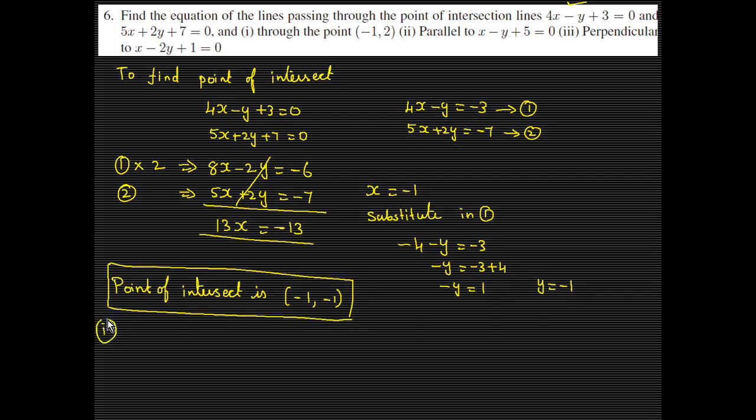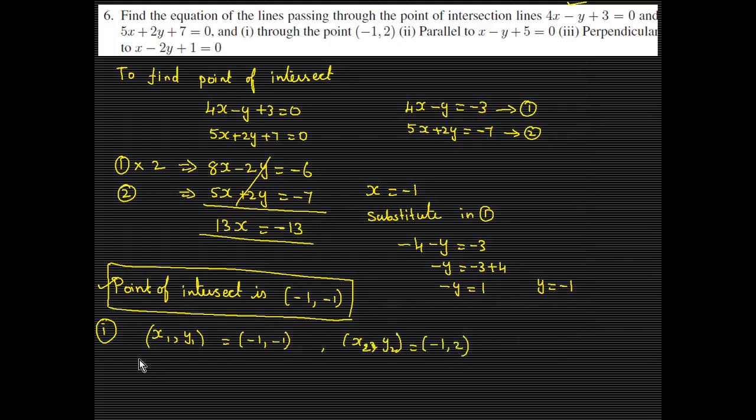Now we have to go to the first subdivision: through the point minus 1 comma 2. We need to find the equation of the line which passes through the point of intersection and through this point. So we are taking x1 comma y1 to be minus 1 comma minus 1, and x2 comma y2 to be minus 1 comma 2.